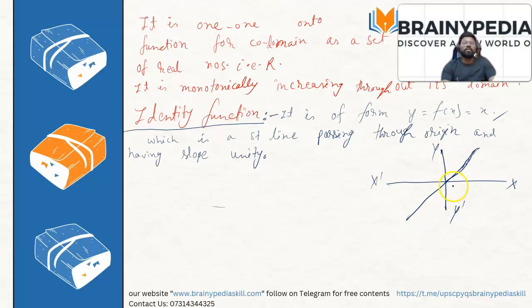Now, the slope is unity over here. So what is the domain of the function? Domain can be any real number. It can be any value of x, and the range is also any real number.